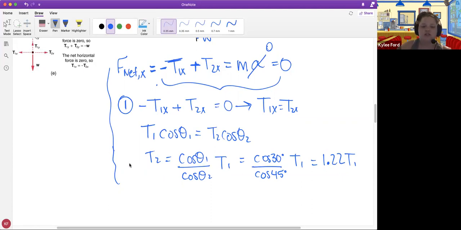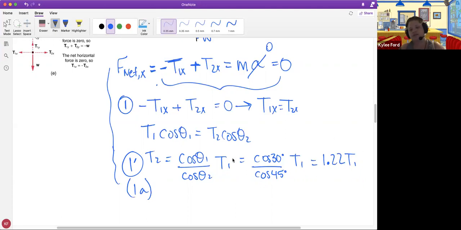And so I like to label my equations as I go because it can get kind of confusing. So I'm going to label this 1 prime. You can label it like 1A or something, just so that we know it still came from our first equation, but it's now a little bit different, right?